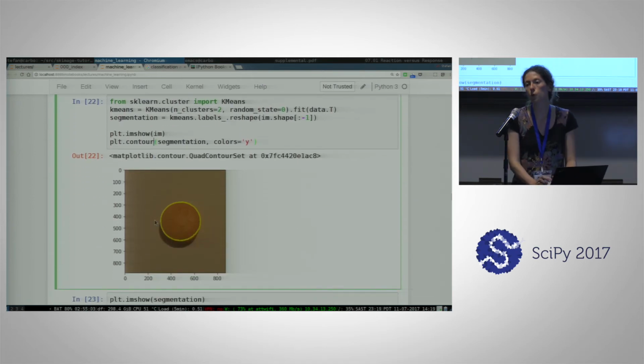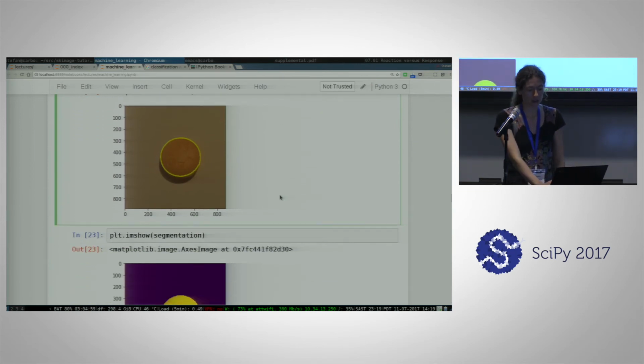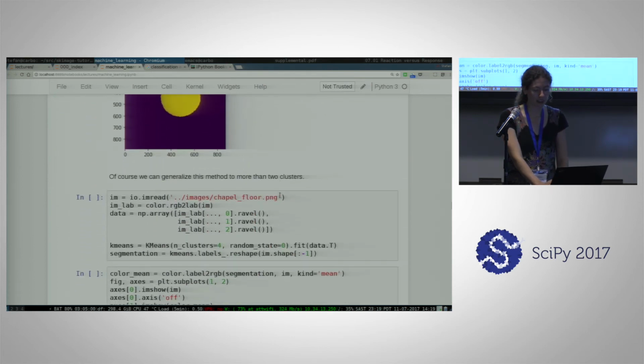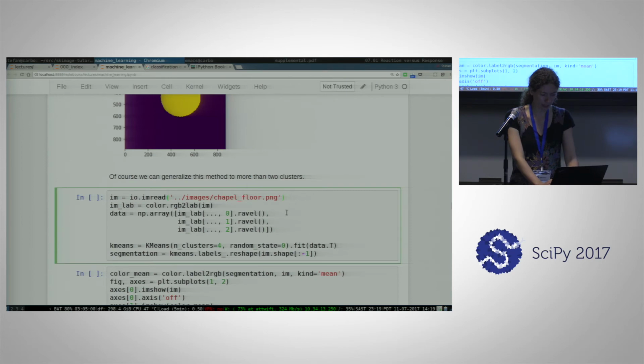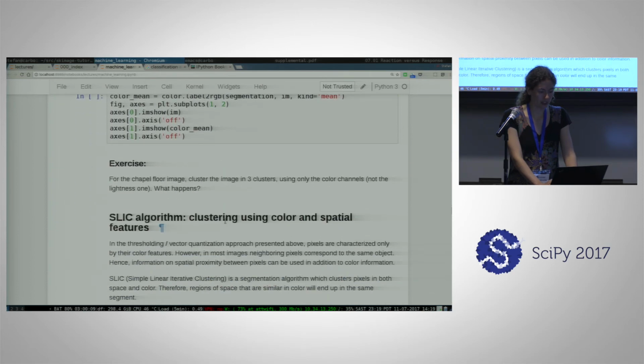And we use 2 clusters because for Otsu thresholding we had 2 populations of pixels, but of course this method generalizes to a different number of classes. And in the following example, I propose that you go through the remaining cells until the exercise here.